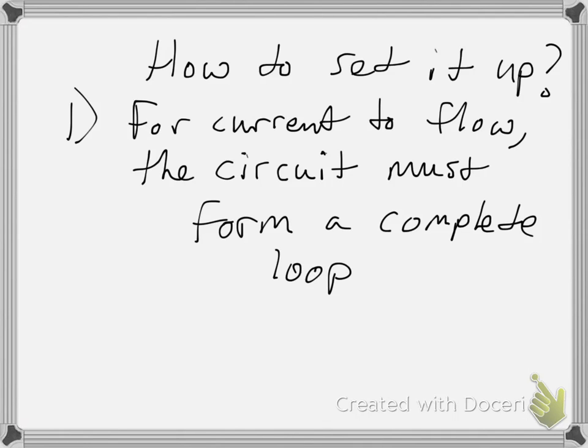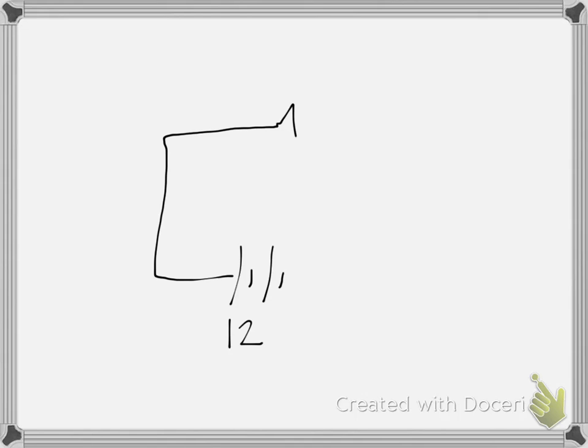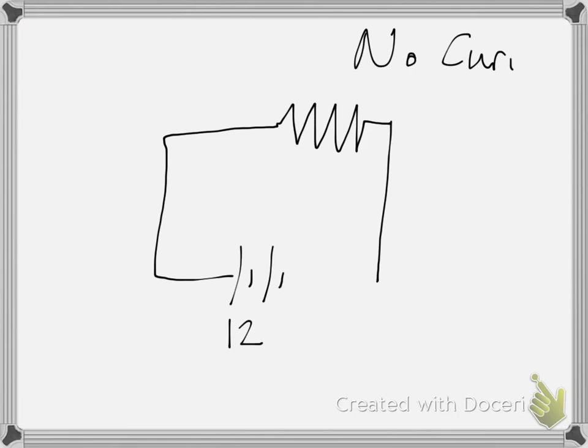What that means is if I just have my battery here, my 12 volts, and some wire here, and then I have my resistor hooked in there, and the rest of my wire comes down here and doesn't connect with my battery, this will produce no current.